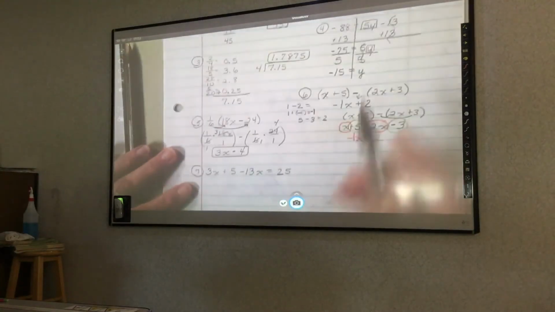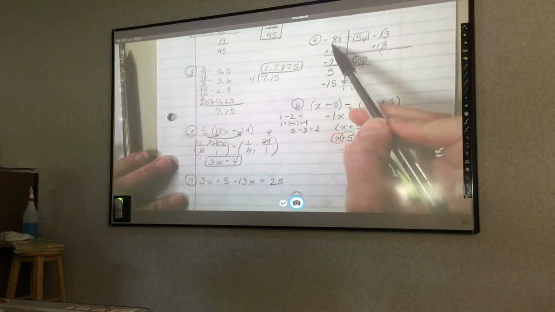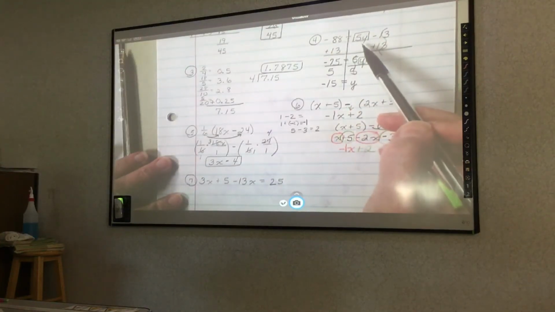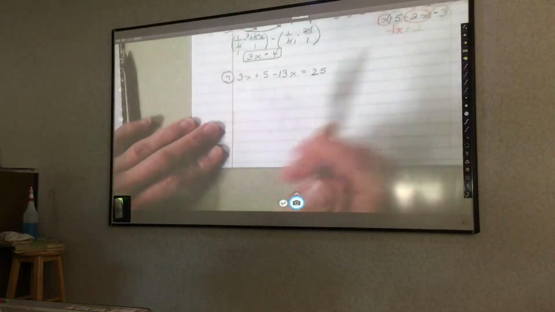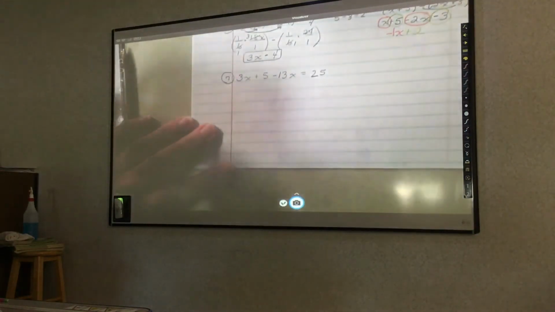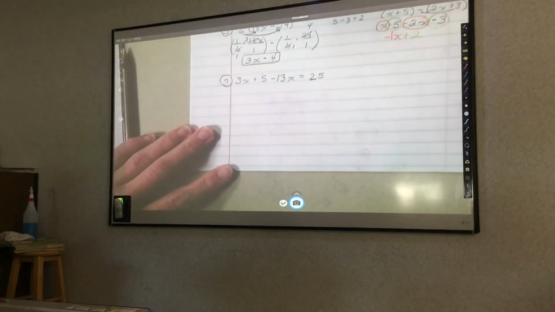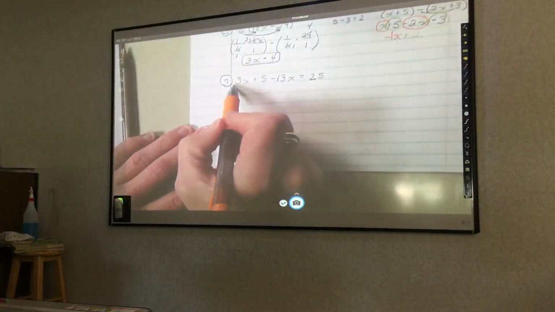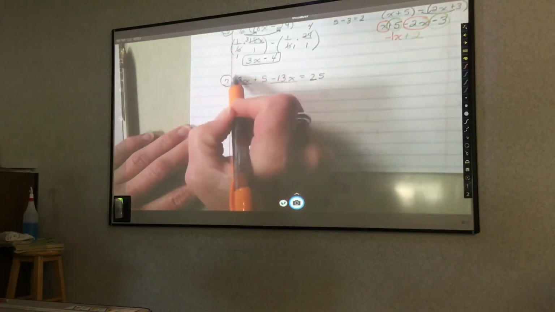So we've been doing problems like number 4, where it's been a number on one side, only one letter, and a number on the other side. But look what we have done here. What have we done? Added 2 letters now, because we have a 3x and the negative 13x.